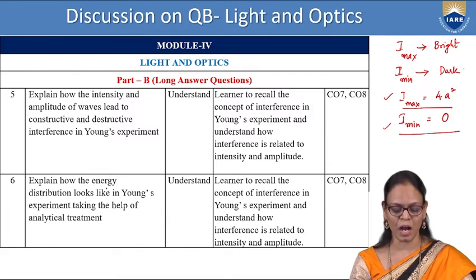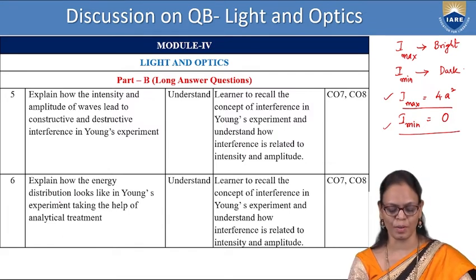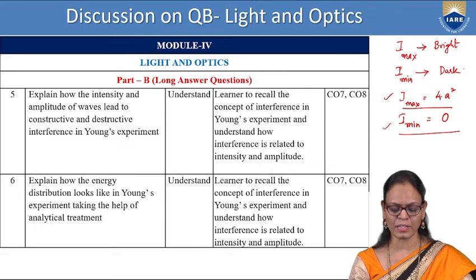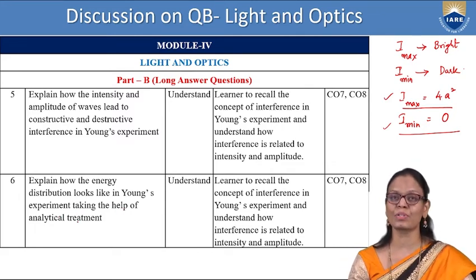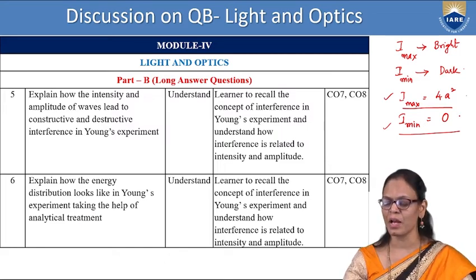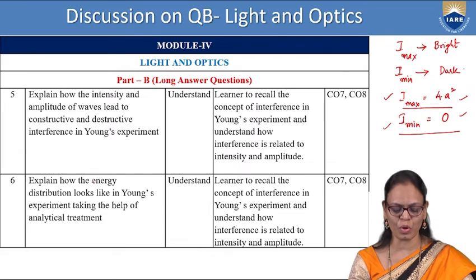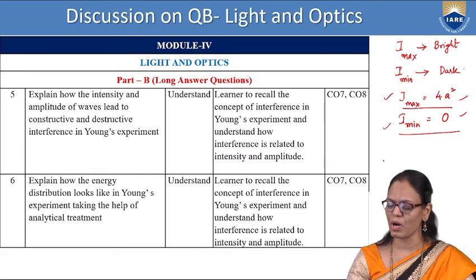Next, explain what the energy distribution looks like in Young's experiment, with the help of analytical treatment. First you will have to do the analytical treatment and arrive at these expressions, and then you will also have to show the energy distribution.